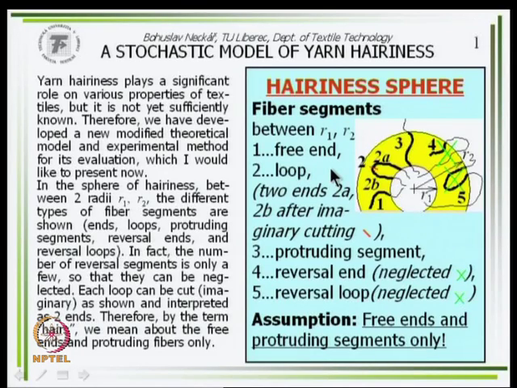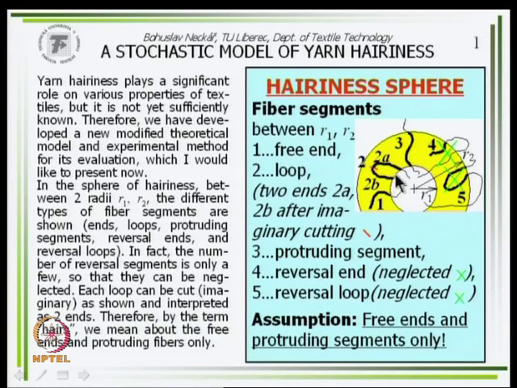In the hairiness sphere, between some two radii R1 and R2 there are different shapes of fibers. It's symbolically something in a cross section. There are fibers type 1, for example, as here, some free ends.